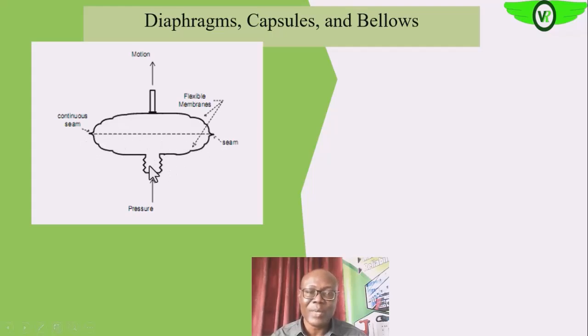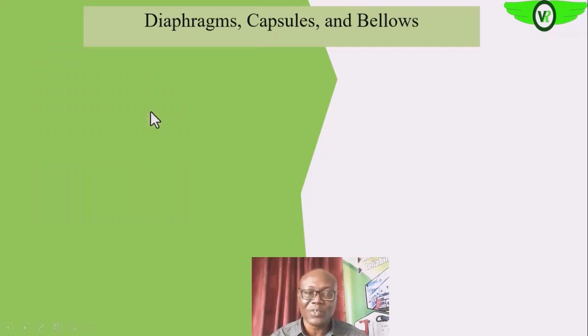One part, the lower part of it, has an opening that is exposed to your process. Then the other part is attached to a lever or something that will carry the movement of the upper diaphragm to your gauge.